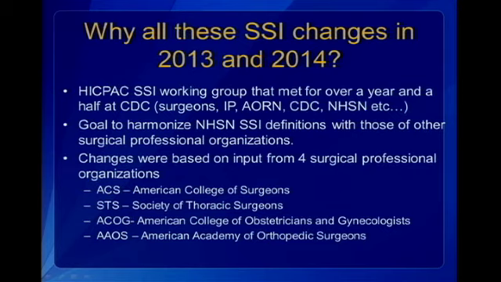It went on for over a year and a half to really look at trying to harmonize, and you're hearing that word a lot, our definitions with the definitions that are really being applied by other surgical professional organizations, like the Society of Thoracic Surgeons and the definitions they use for their complex cardiac cases, like the Society of Orthopedic Surgeons and how they look at joint infections, like the Musculoskeletal Infection Society, where we got our new PJI definitions.